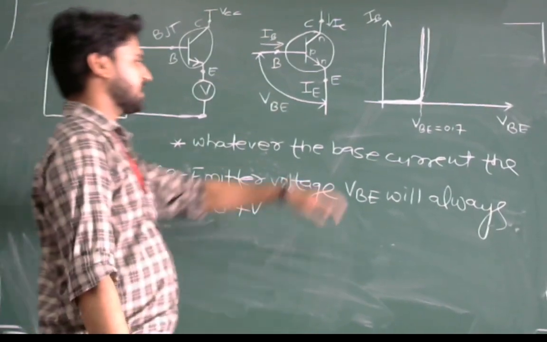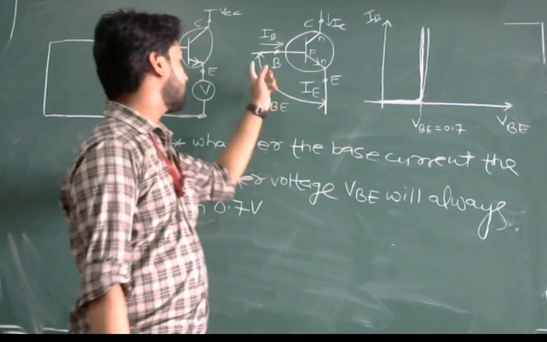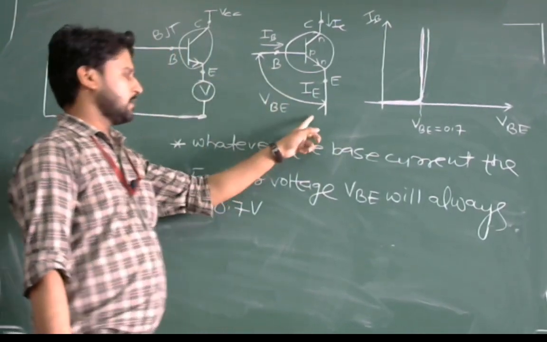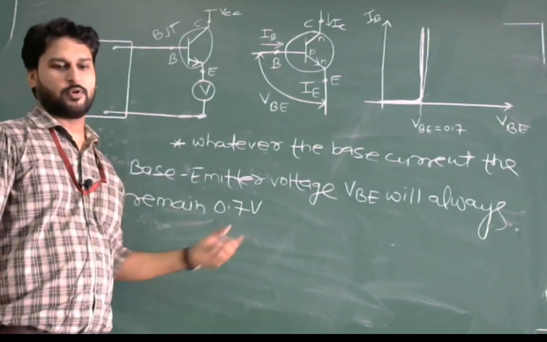Whatever the value of base current, the voltage drop across the base emitter terminal will always remain 0.7 volt.